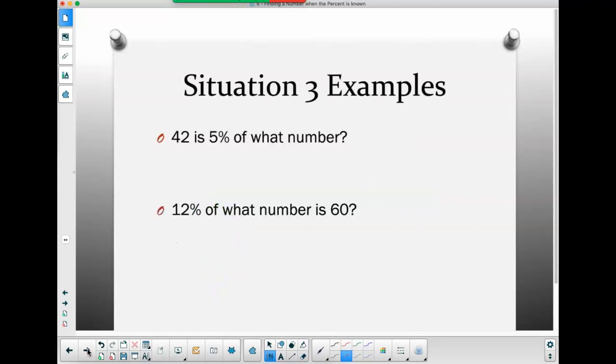So you try the first one. Don't worry about the second one. 42 is 5% of what number? You set that up. 42 is 5% of what number?